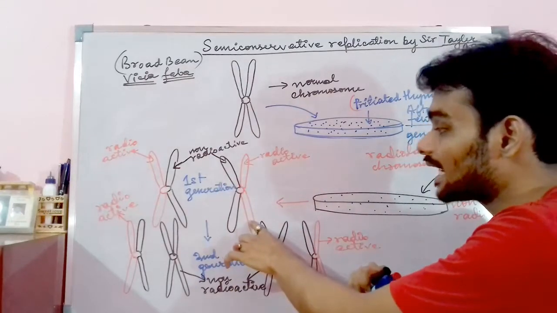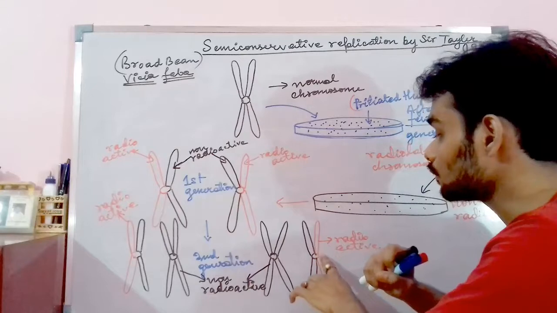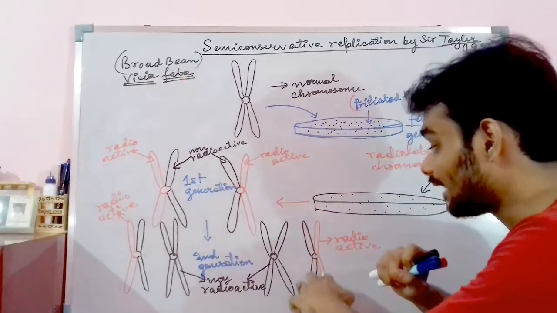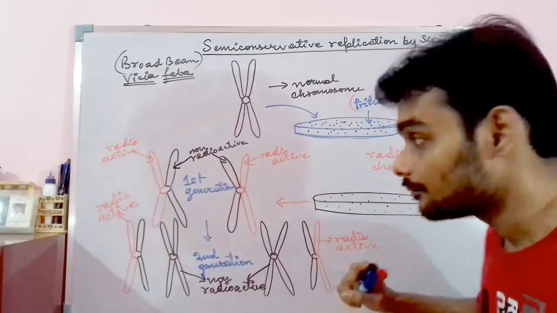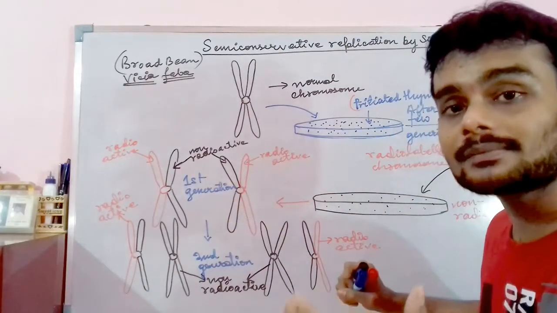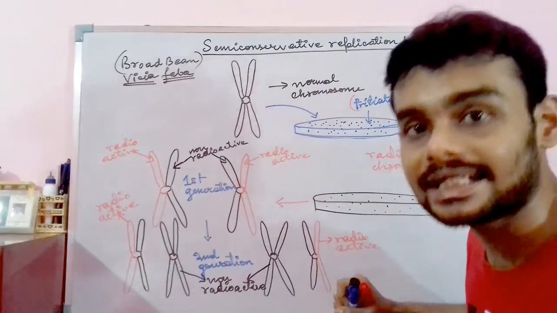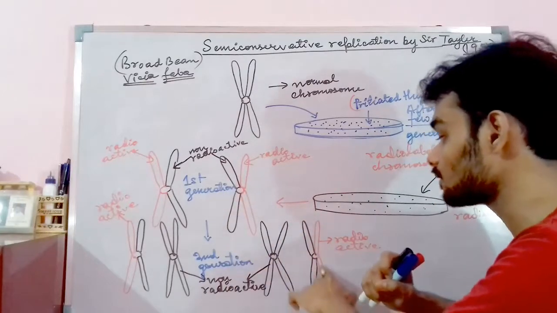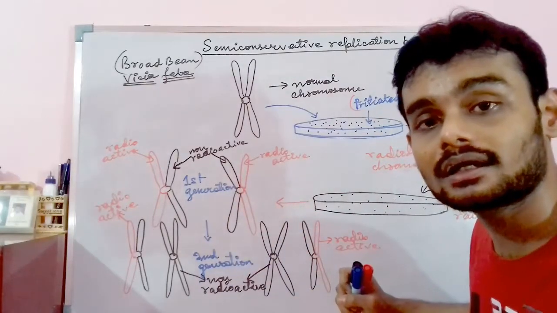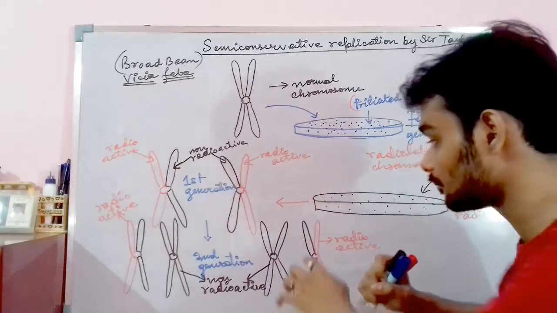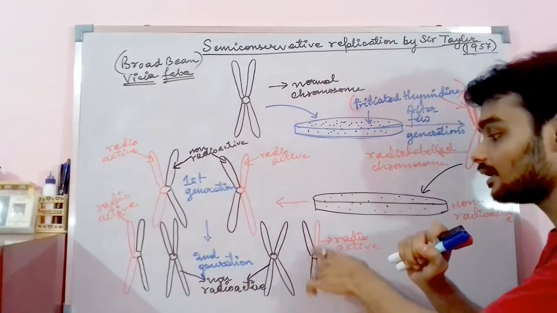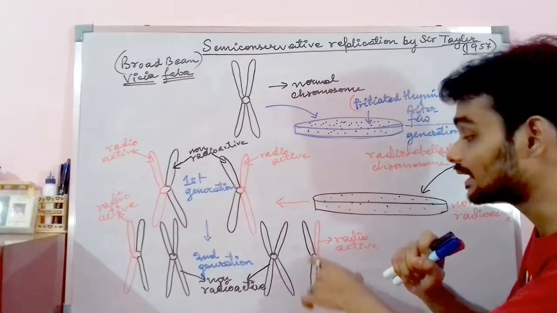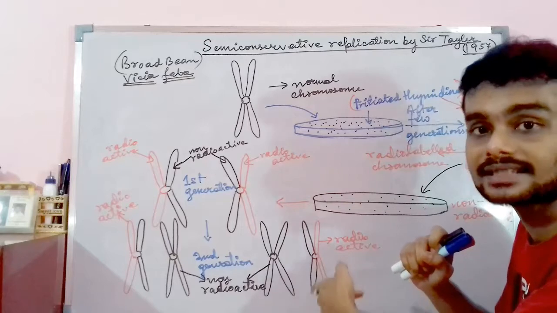If this parent arm is carried to this daughter cell, the daughter cell will also have another arm radioactive, because this radioactive chromosome arm is replicating, meaning it is producing an identical copy of itself. So that radioactive parent arm will also produce a new radioactive arm of the chromosome. So this black colored arm of the chromosome would not be black, it would be red instead. But this is not happening in this case. This is not the obvious case.